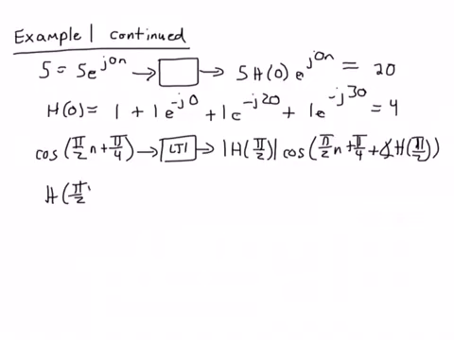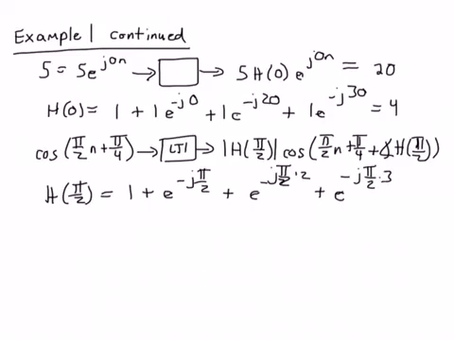H of pi over 2, just plugging into our equation that's well known for H, is 1 plus e to the minus j pi over 2 plus e to the minus j pi over 2 times 2 plus e to the minus j pi over 2 times 3. That's just plugging in pi over 2 into our formula for the frequency response. We're experts at complex numbers now, so we can reduce this. 1 plus e to the minus j pi over 2 is actually minus j.